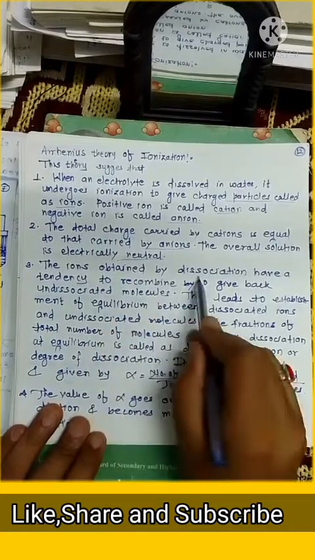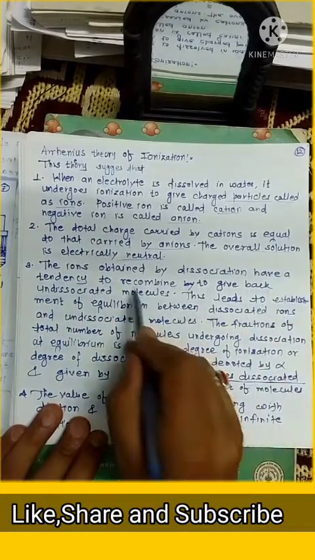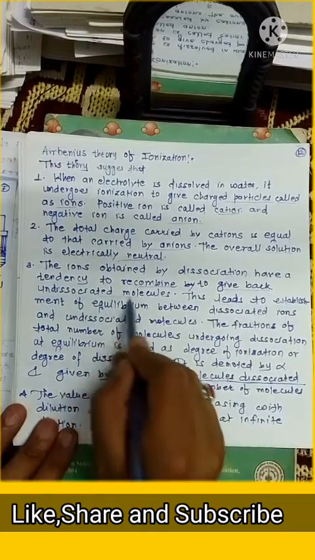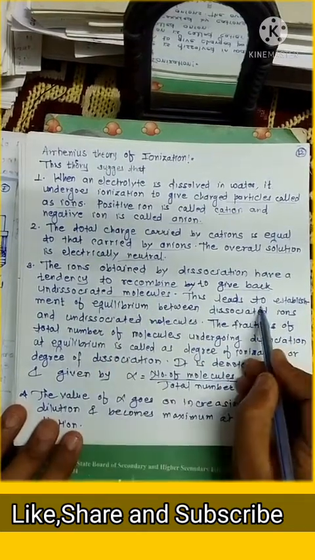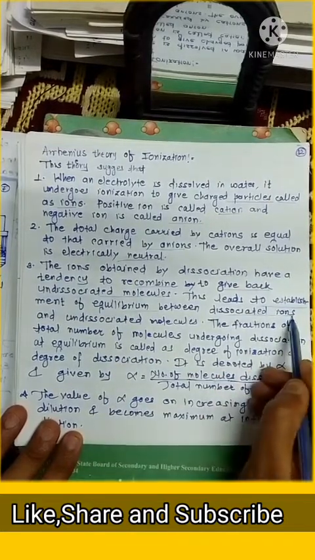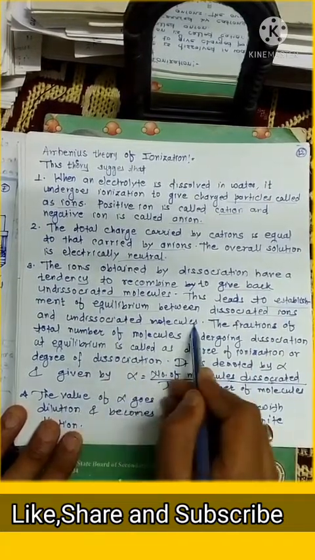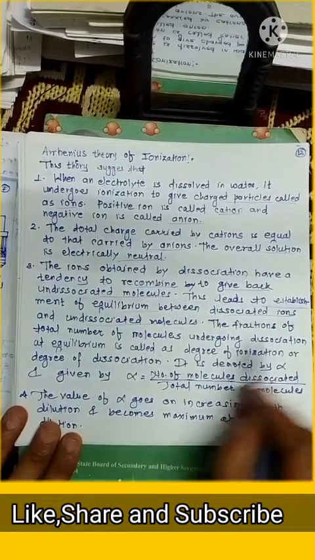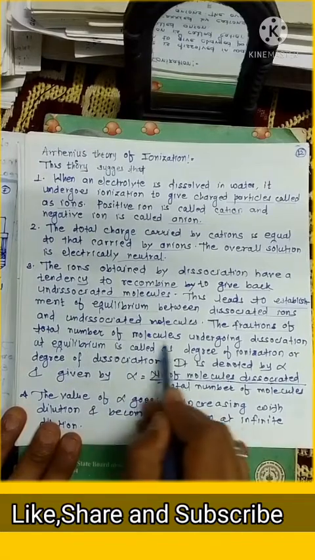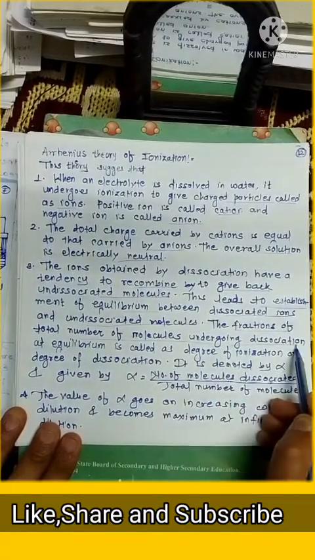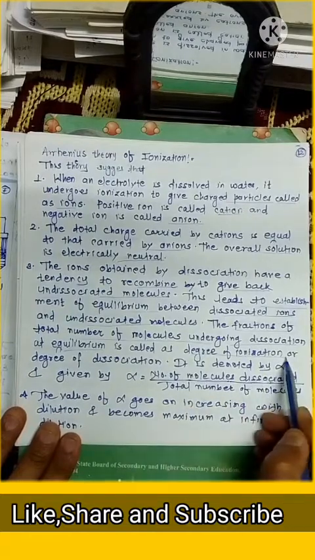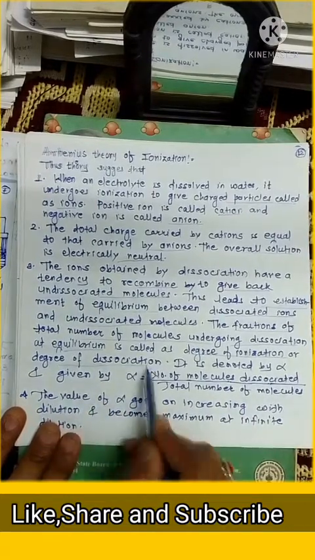The ions obtained by dissociation have a tendency to recombine to give back undissociated molecules. This leads to establishment of equilibrium between dissociated ions and undissociated molecules. The fraction of the total number of molecules undergoing dissociation at equilibrium is called the degree of ionization or degree of dissociation.